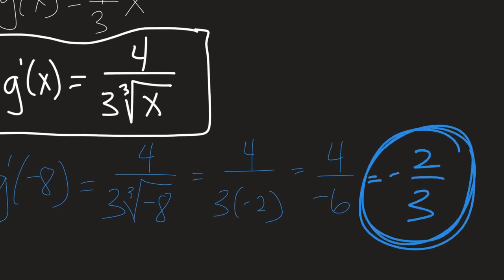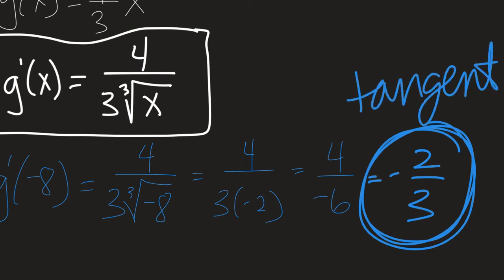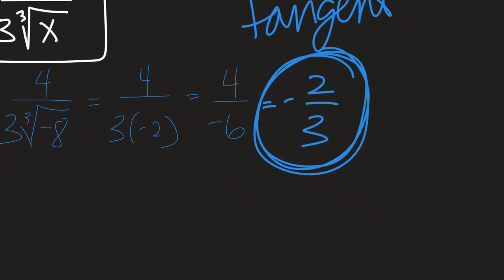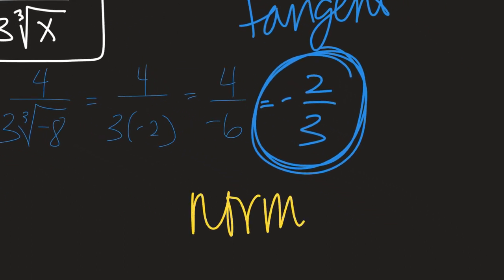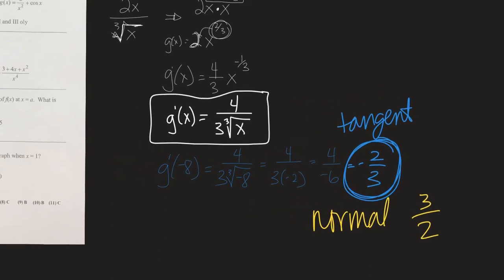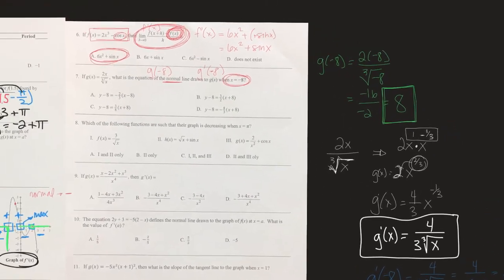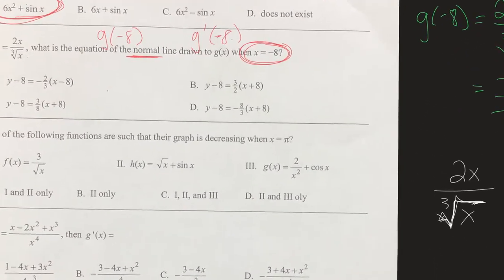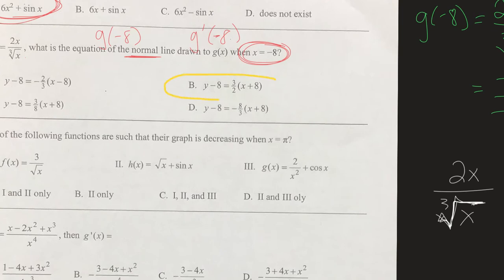Okay, so the slope of our tangent line is -2/3. But if you think about the problem, it didn't ask us for the tangent line, it asked us for the normal line. So the normal line has a slope of 3/2. Okay, so let's put all this together, come back over here, and write an equation of the normal line, and it looks like it's going to be this one.